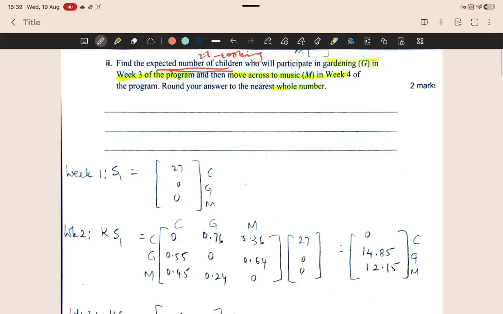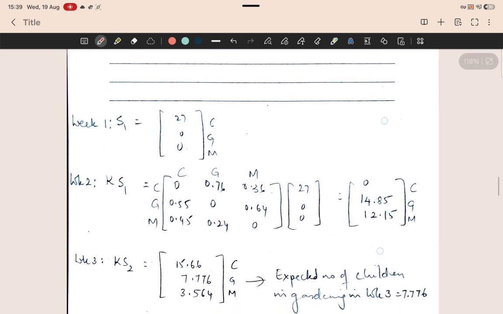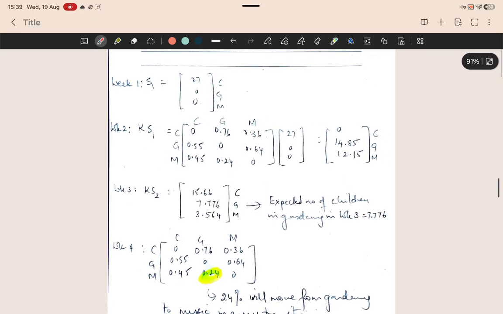So in week 1, there are 27 children against cooking. In week 2, it's a transition on week 1, and we take the K value from the previous part of the question. And this is the answer we get. In week 3, again we have a transition on the second state. You should take it exactly as you see it, no rounding, and you get this answer.